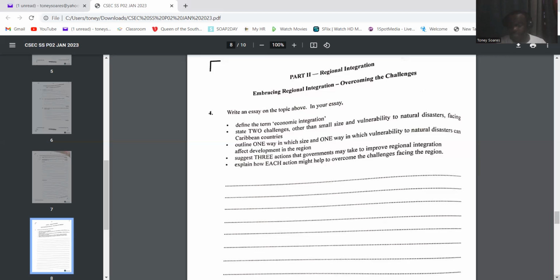All right, let's look at their vulnerability now to natural disasters. The region faces challenges because it is susceptible to a range of natural disasters caused by extreme weather conditions, such as hurricanes, droughts, because you know that we are faced with those a lot in the Caribbean region, and other phenomena such as volcanic eruptions, right?